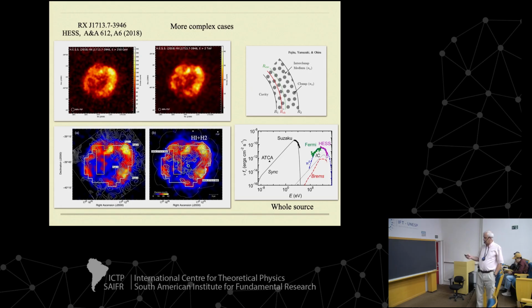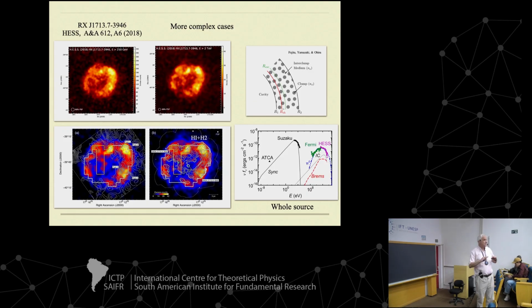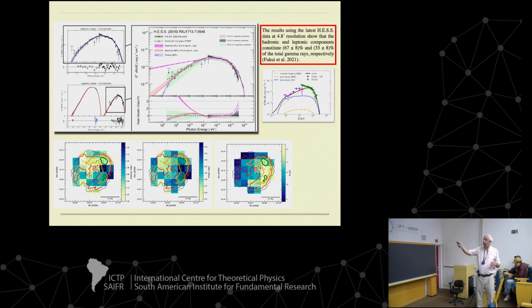Well, if you try to fit the entire emission from the source with the same population, no. But when you decompose the source in different pieces, then you can fit the radio data very well, but with different contributions, with different slopes in the spectrum. So it's very complex. You only have one data point at those frequencies?